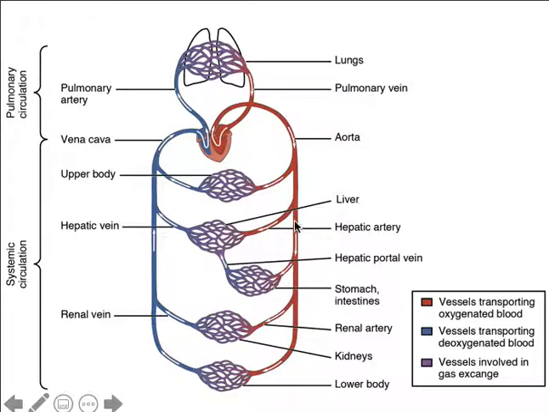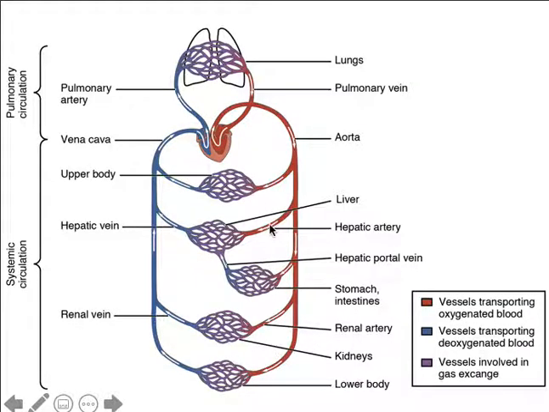We've got several other branches, in fact, that are providing oxygenated blood to the stomach, the pancreas, the large intestine, and so on. And that blood, after it goes through those organs, returns to the liver via the hepatic portal vein, via this vessel here.